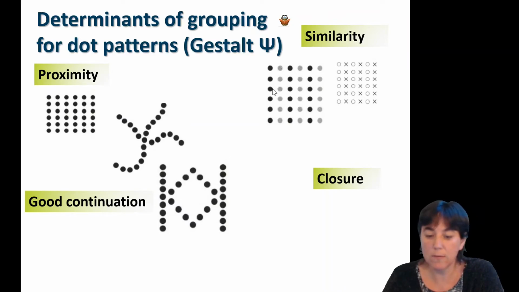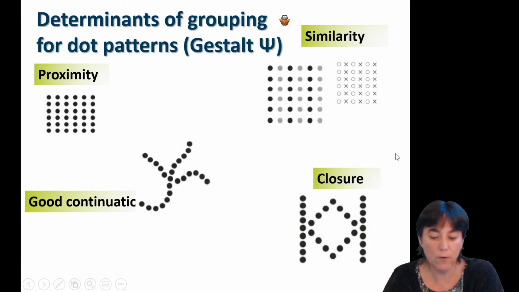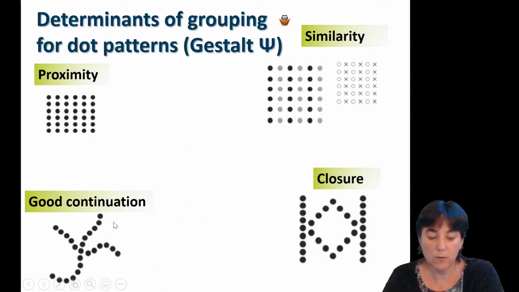Here, we can also say that these black rows of dots are similar as compared to the gray ones, and so on. What could be closure and good continuation? Well, it's probably very straightforward. Closure and good continuation are also important Gestalt determinants.